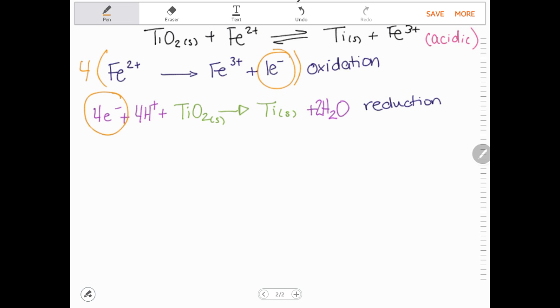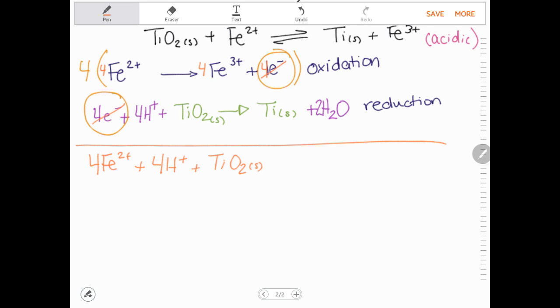So when I come up with my final net reaction here, I have 4 Fe2+ plus 4 H+ plus 1 titanium oxide. Now, I'm not going to write down my 4 electrons because once I do this, I should be able to cancel out my 4 electrons on both sides.